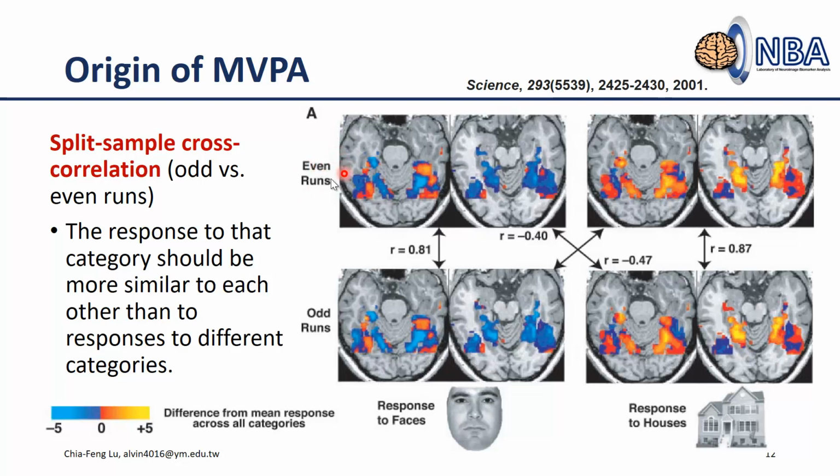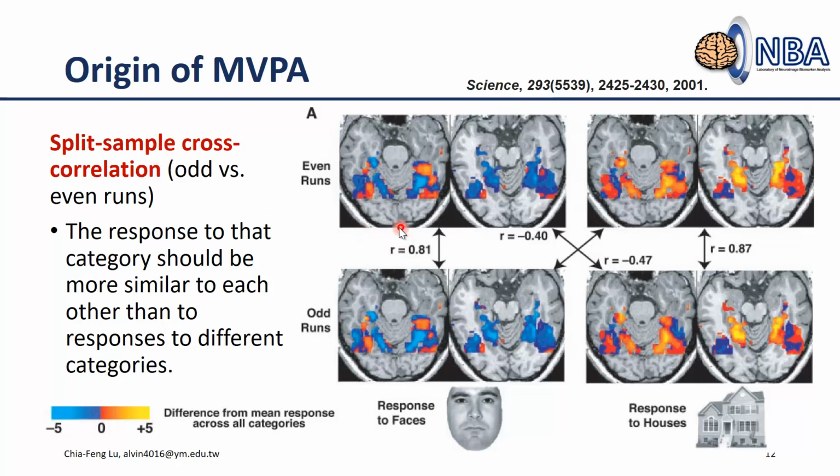Now you take the even rounds, for example 2, 4, 6, 8, and 10, as one sample group, and the other rounds, 1, 3, 5, 7, 9, as another sample group. You can perform the correlation analysis between these even and odd rounds. This approach is called split sample. You just split the odd and even rounds into 2 different groups and perform the cross correlation between them.